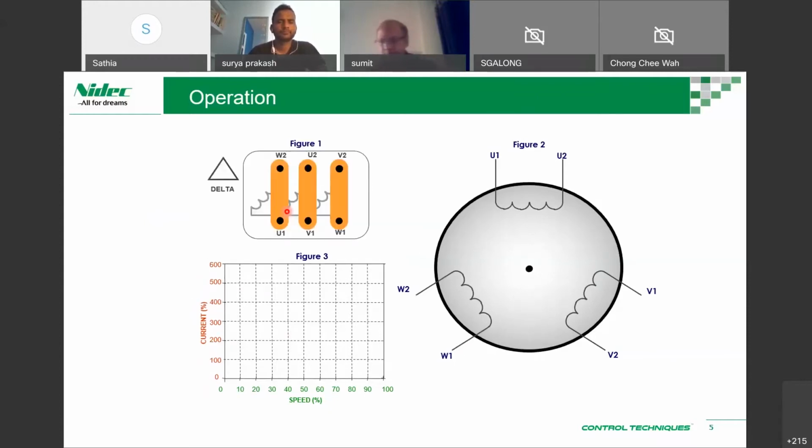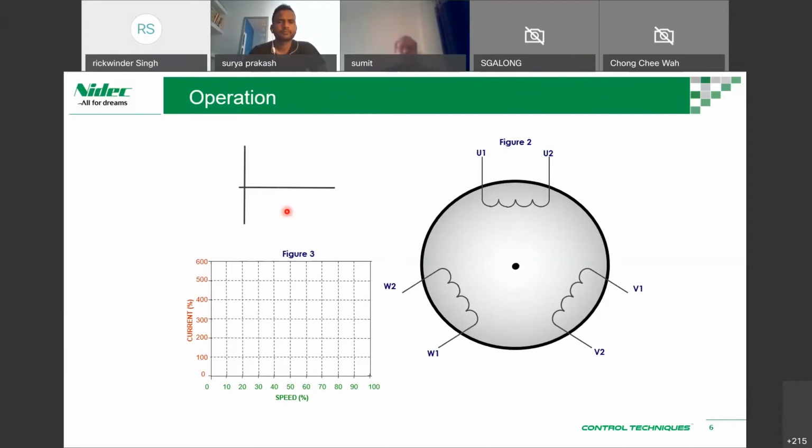So we'll look at a simple simulation of how it works. This is an input phase. We may be familiar with the input. They say RYB, red phase, yellow phase, blue phase, or RST, or L1, L2, L3. So we have colored it so you can easily identify it.